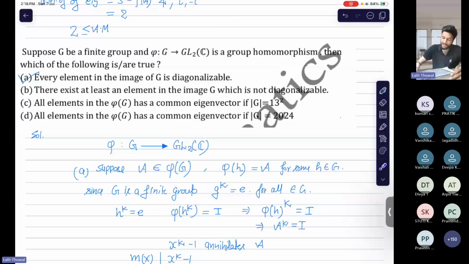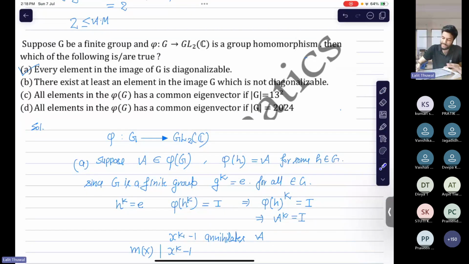The second option says that there exists at least one element in the image of G which is not diagonalizable. So this is wrong because the first one is true.